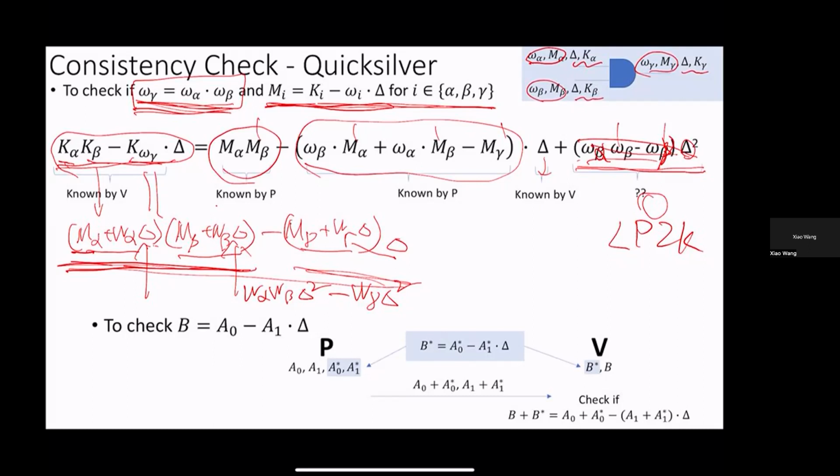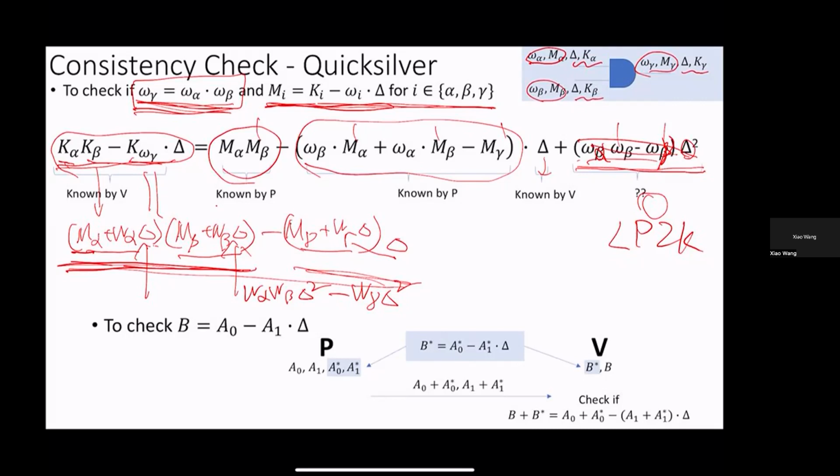This is because if you have a degree 1 polynomial and you add another degree 1 polynomial, it's still going to be degree 1. But if you have a degree 2 polynomial and you add a degree 1 polynomial, then the result is not going to be degree 1. Some of the information can be sensitive, but if we mask it with a random degree 1 polynomial, then the result can be opened.